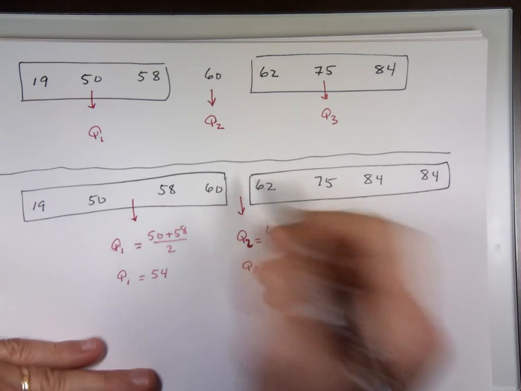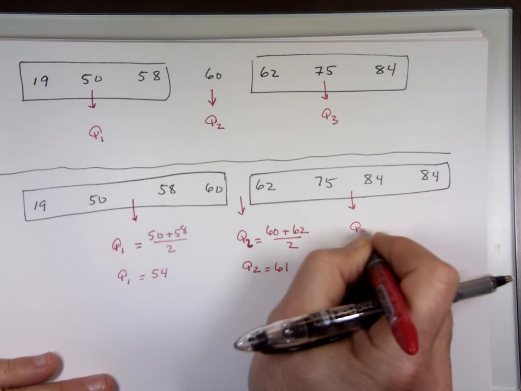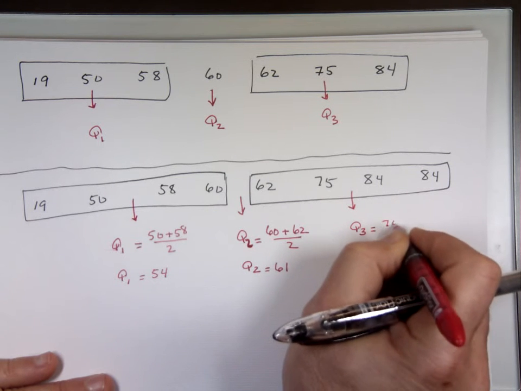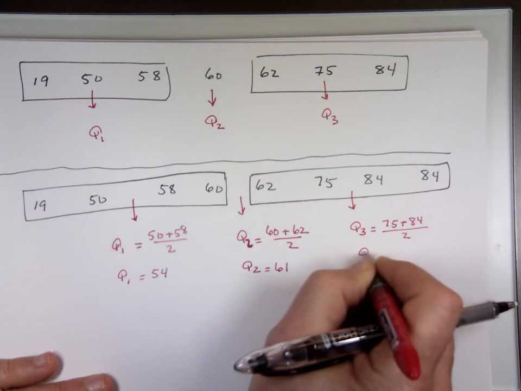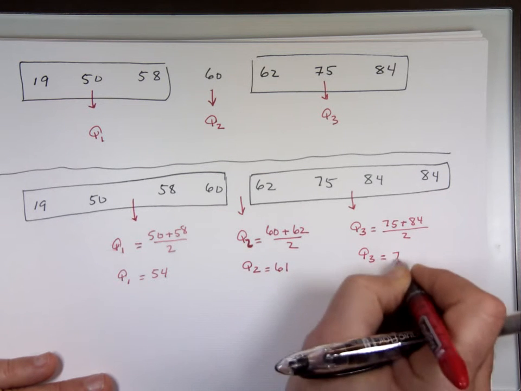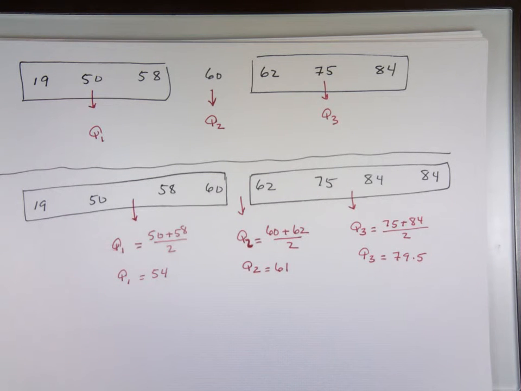And again, to find Q3, we take the median of that group there, which is 75 plus 84 divided by 2. Is that 79.5? So Q1 is 54, Q2 is 61, and Q3 is 79.5.